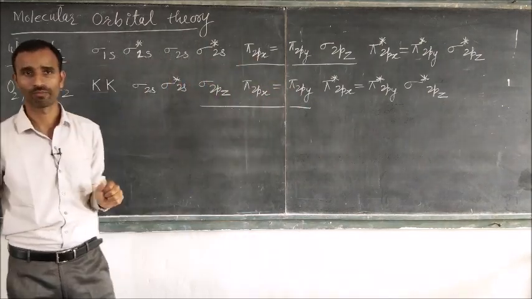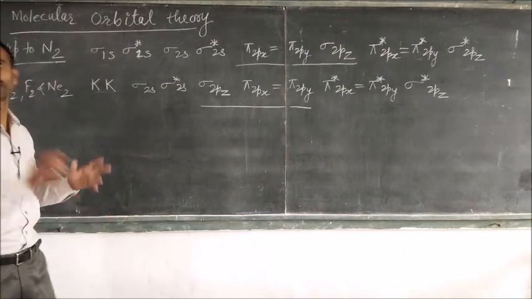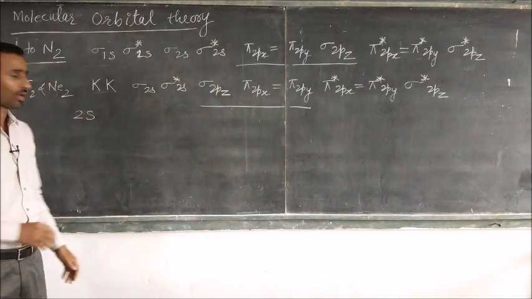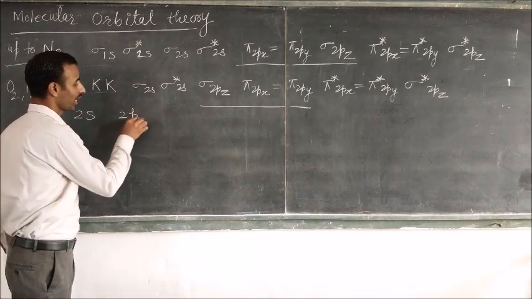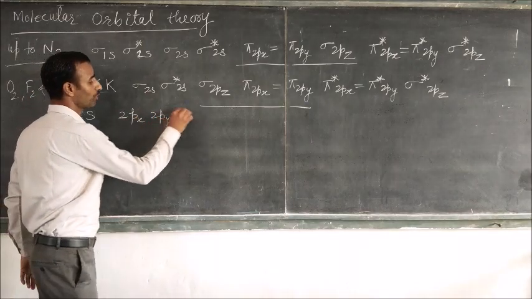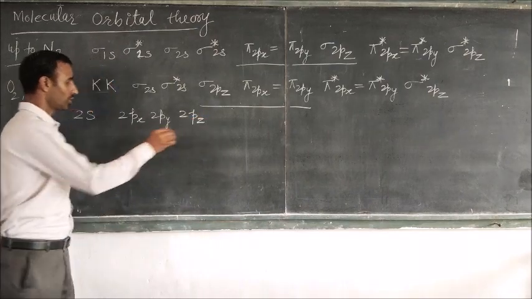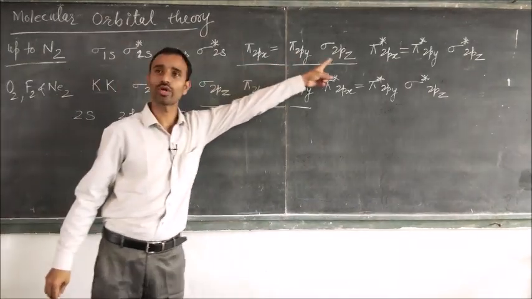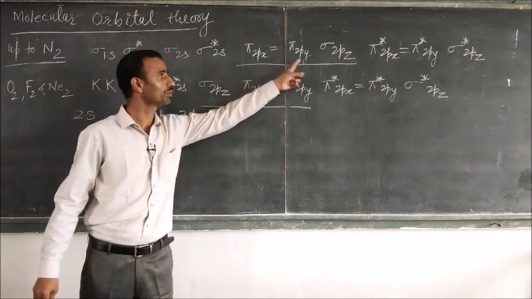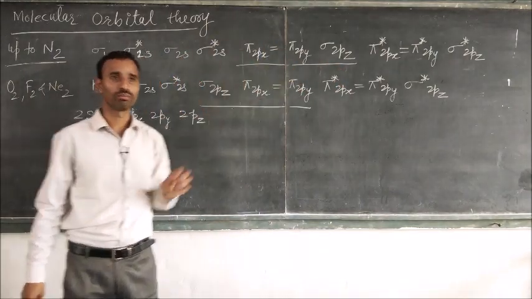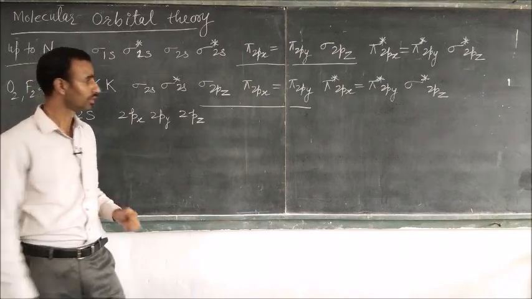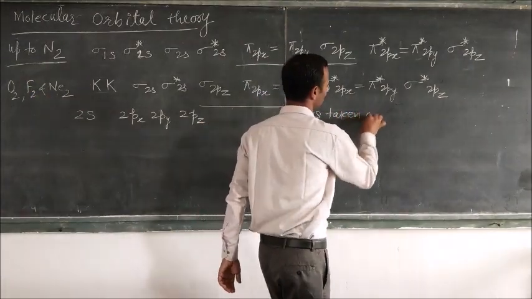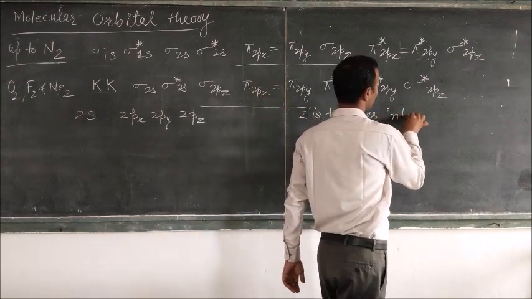So why is it so? The difference is because of the interaction. Out of 2px, 2py and 2pz, say 2pz forms the sigma bond and 2px, 2py form pi bonds, because Z is taken as the internuclear axis.